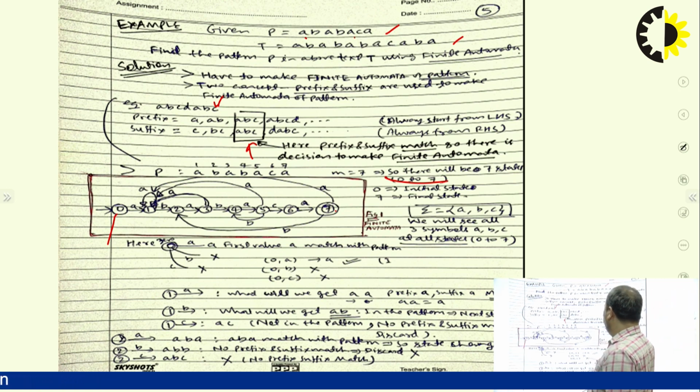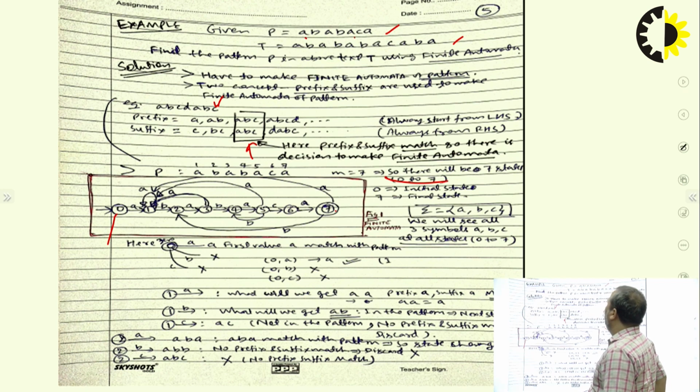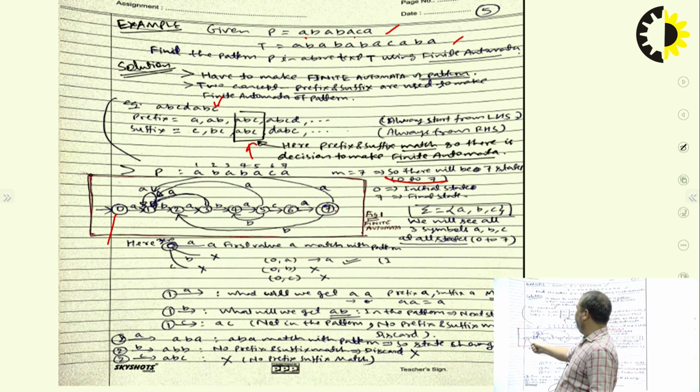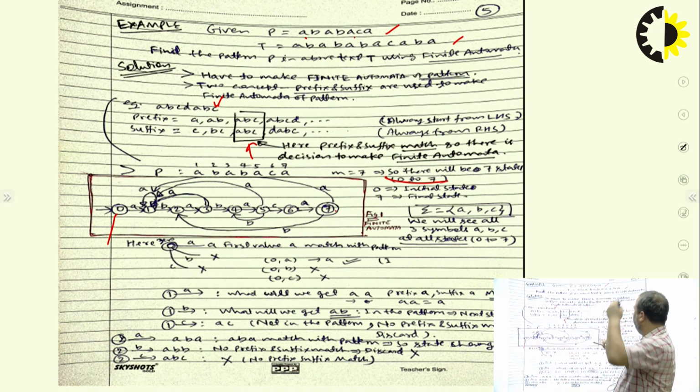Just by putting input, we see where we could reach, for example with A, B, A, B, A. We have the initial state 0. If we give the input A, we go from 0 to 1. There are 3 symbols, A, B, C, and we will see all 3 symbols at all states from 0 to 7.